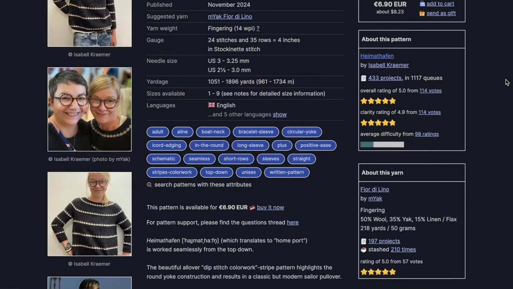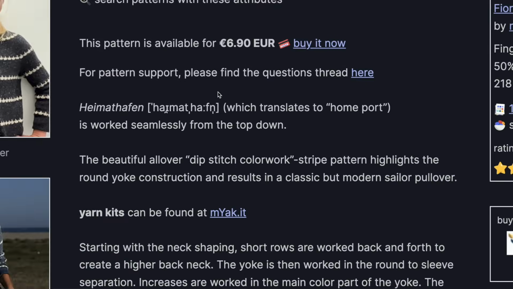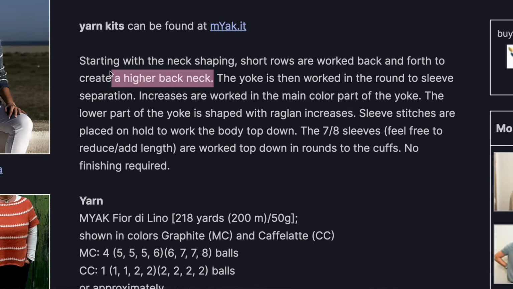It is definitely something to consider because the natural shaping of a raglan assumes that your body is growing vertically and diagonally at the same rate, and it's just not. Now, most patterns have this built in, but if you do need to make an accommodation or if you are checking patterns and seeing if they're right for you, make sure that the pattern lists neck shaping or shoulder shaping, whether it's staggered start neckline or short row shaping at the back of the neck.